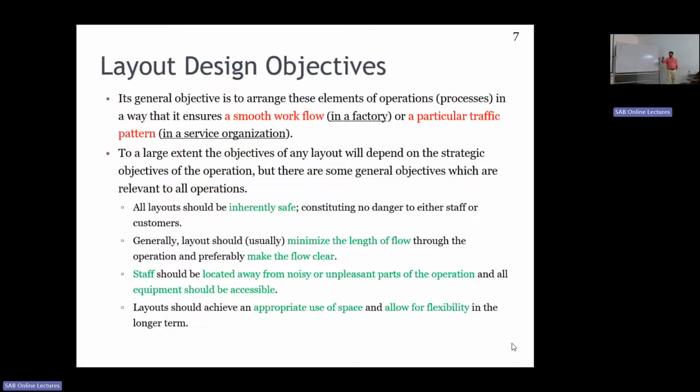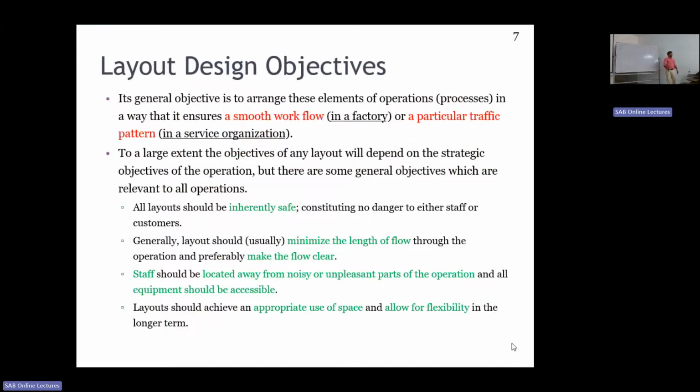Staff should be located away from noisy and unpleasant parts of the operation, because sometimes we use machinery that generates harmful emissions or noises, heavy vibrations, dangerous dust, or heat.